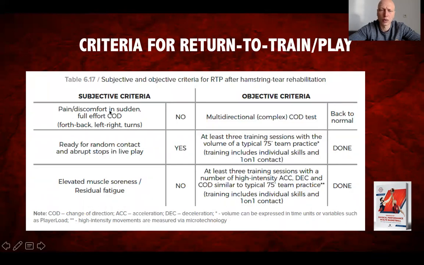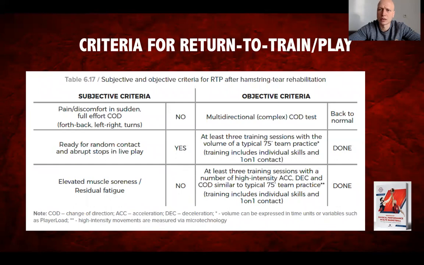When he's doing different movements, changes of direction, jumps, turning on the court, decelerating and reaccelerating, he should be completely pain free. Of course, ranges of motion should also be optimal. He should say that he is ready for random contact.